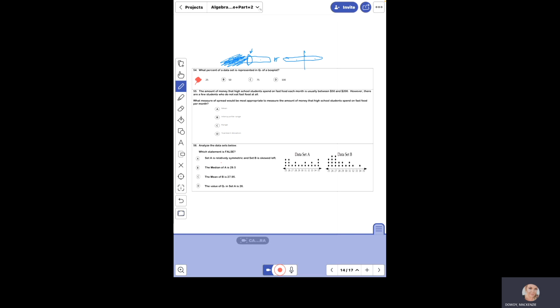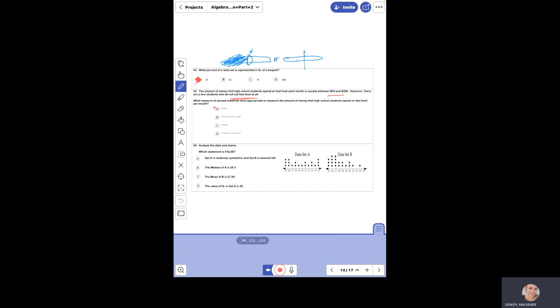So it says that the amount of money high school students spend is between 50 and 200. But then there's some that don't spend anything at all.